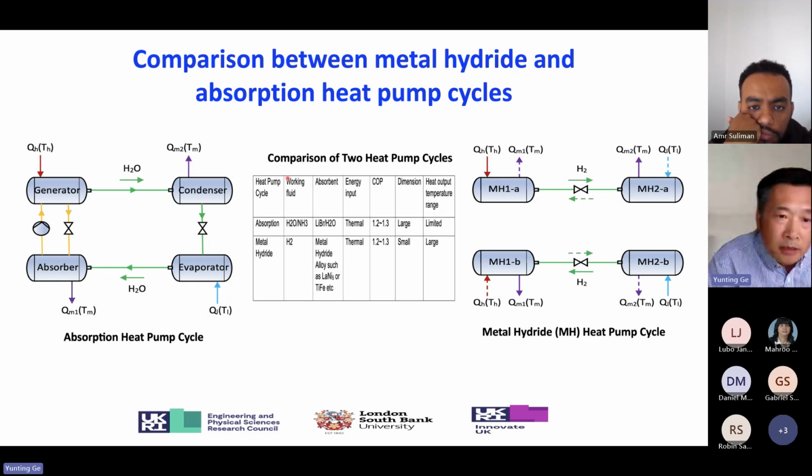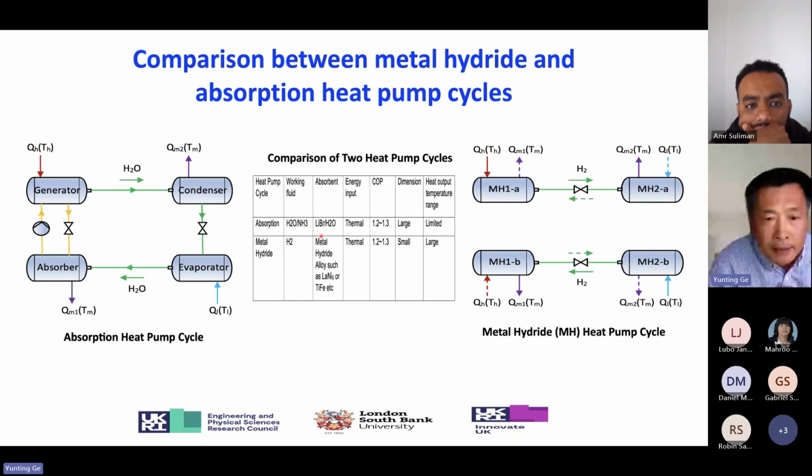So here I just give a summary of the comparison of these two heat pump cycles. For the absorption heat pump cycle, we utilize two types of working fluid, either water or ammonia. For the metal hydrate heat pump, the working fluid is hydrogen.